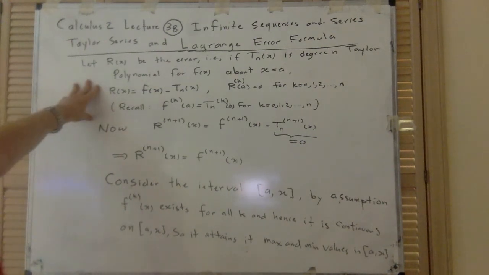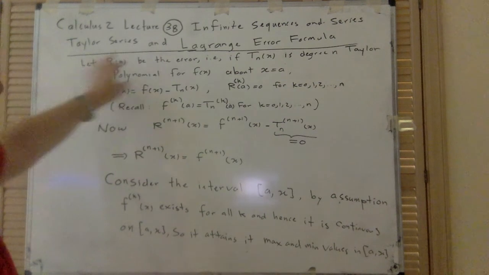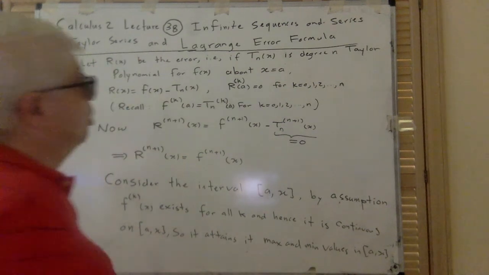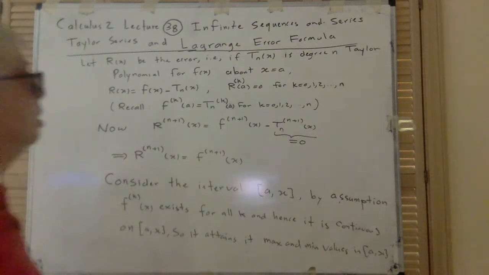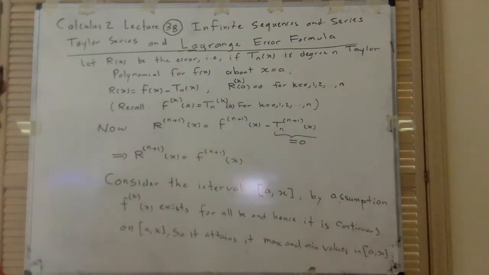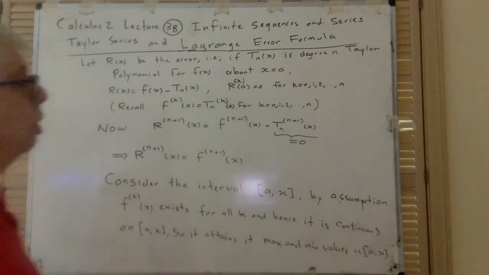What Taylor says first is that we are trying to approximate a nice function about a point A, say on the x-axis, and we came up with a polynomial which we denoted by Taylor polynomial of degree n, and so that's a polynomial of degree n.